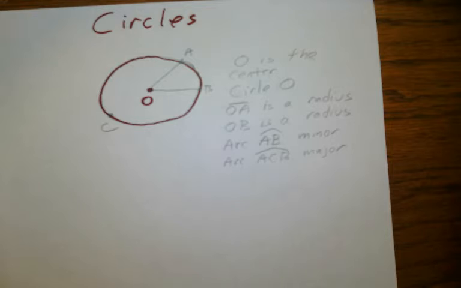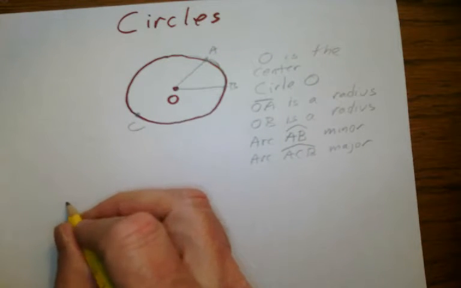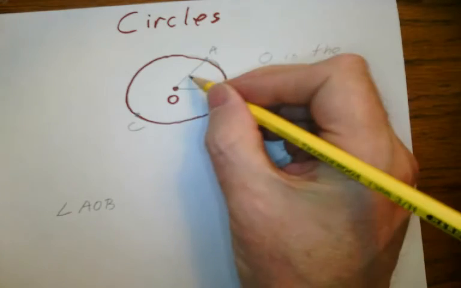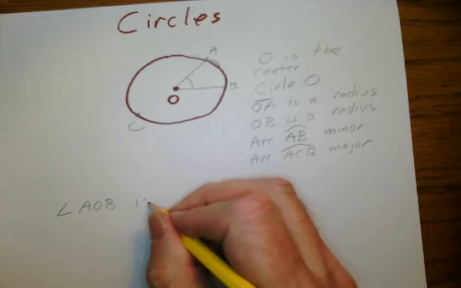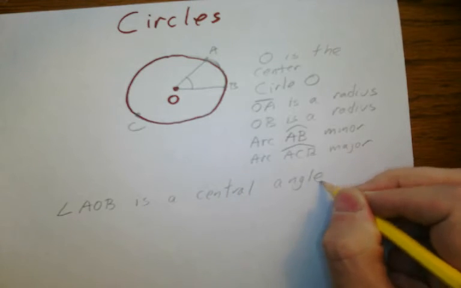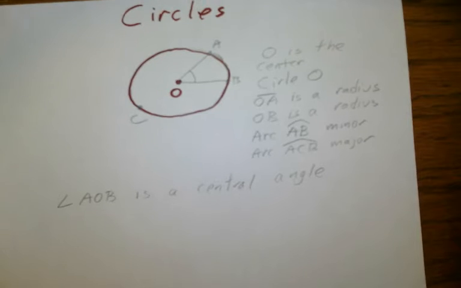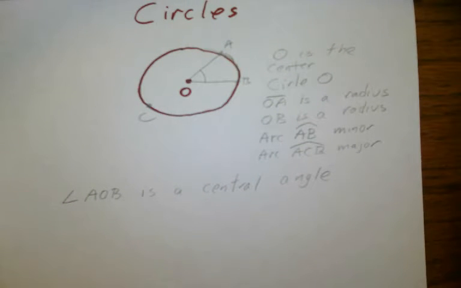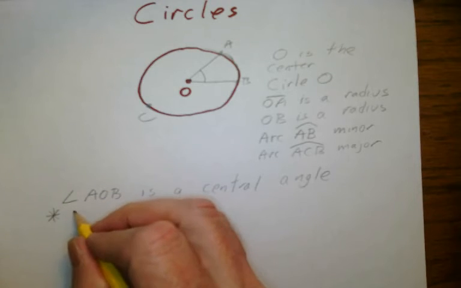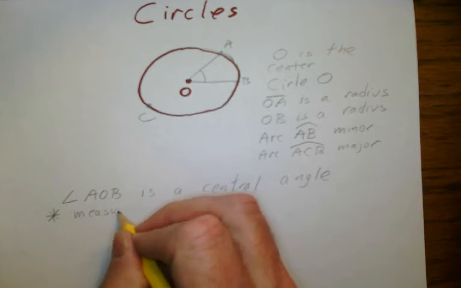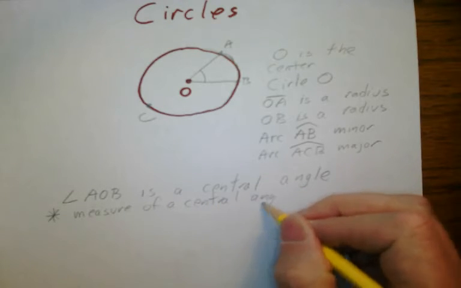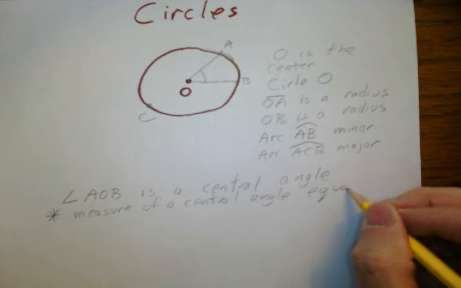Now, the angle AOB that you see drawn right here, this angle AOB is a central angle. It's a central angle because the vertex is at the center. And the key fact we're going to learn today about circles is that the measure of a central angle equals the measure of the arc.